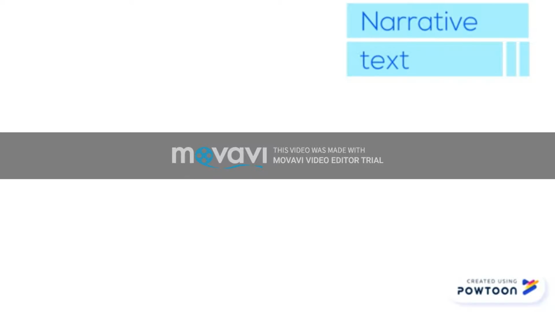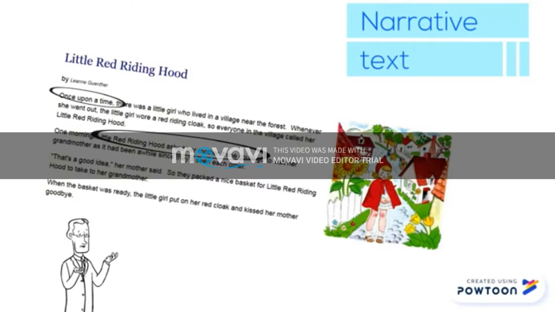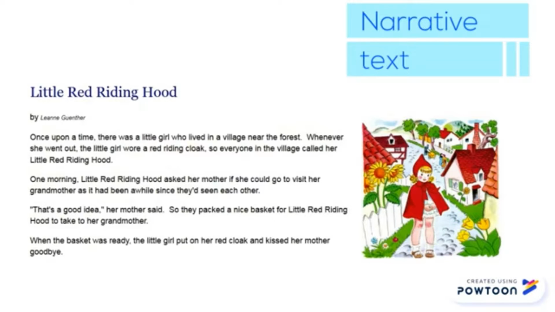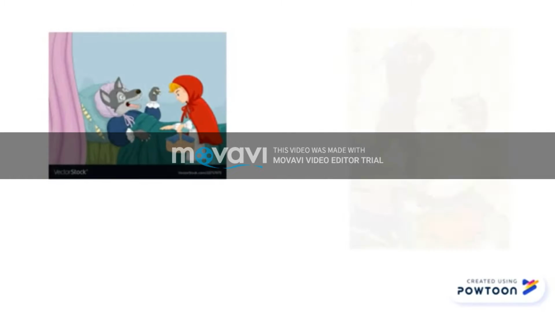Another example that I could give you is the story of Little Red Riding Hood, where we can appreciate clearly each of these components of the structure of this kind of text. Always this story starts with once upon a time. Later, the intervals, for example, where she asks her mother to visit her grandmother.